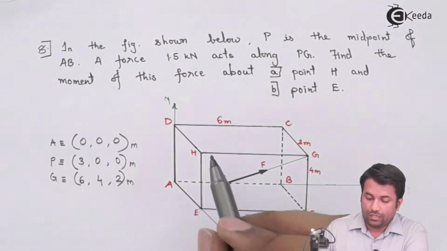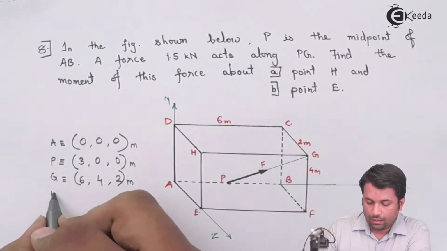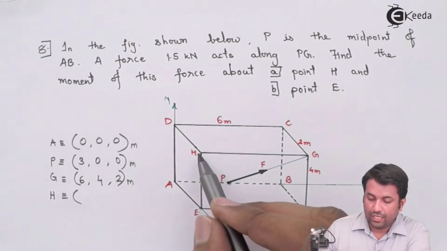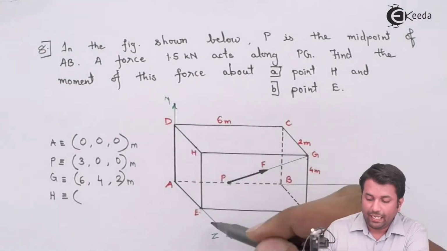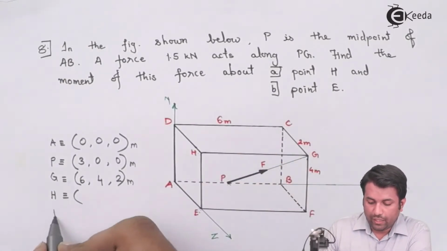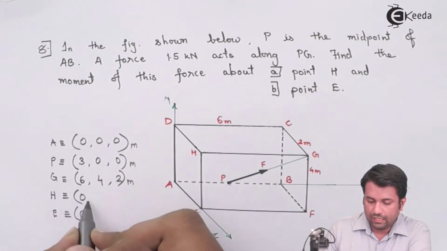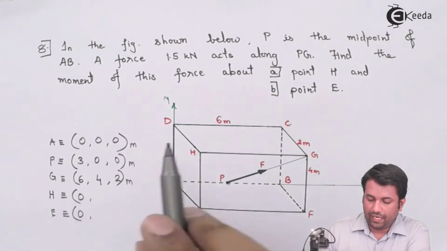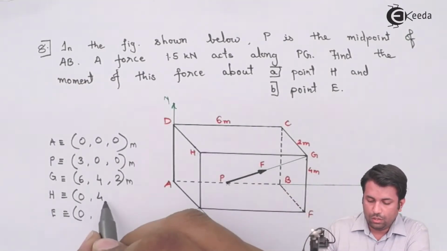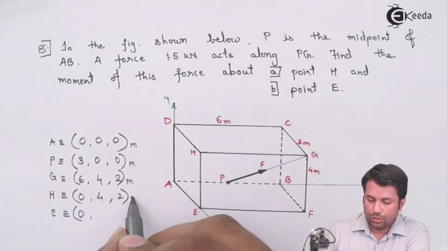I need to find out similarly the coordinates of H and E. Now since H is lying on YZ plane, X coordinate will be 0. Similarly, E's X coordinate will be 0. For H, I need to find out the y coordinate, so y will be 4 and the z coordinate will be 2.